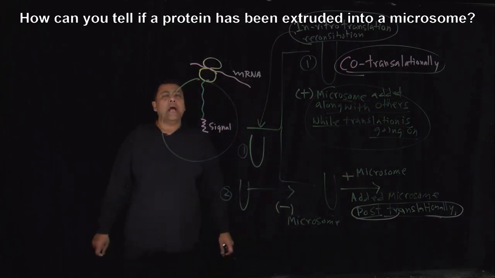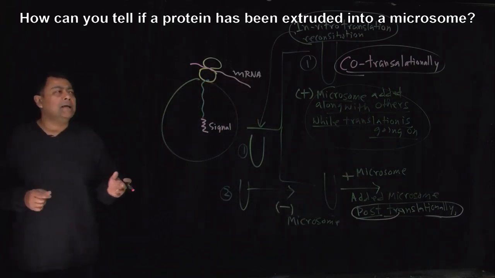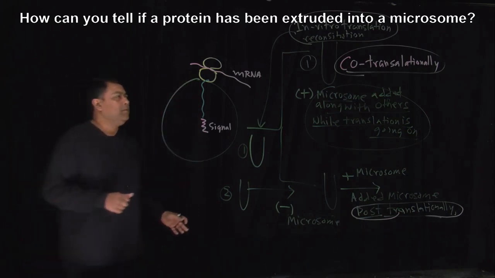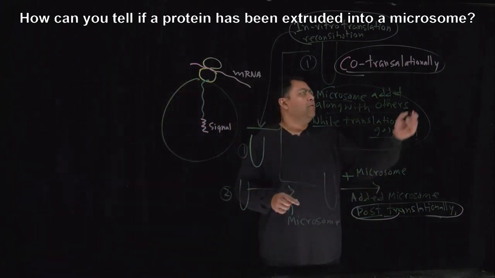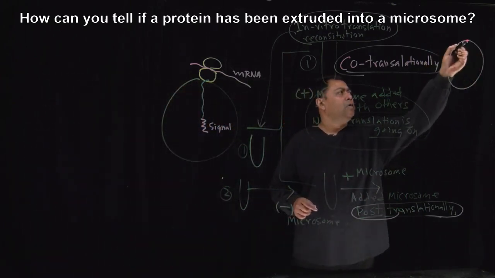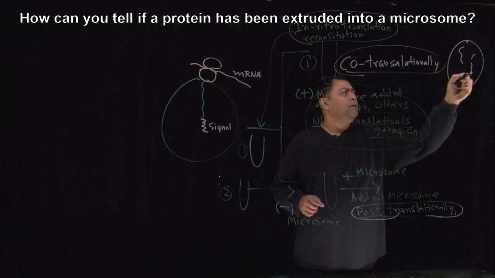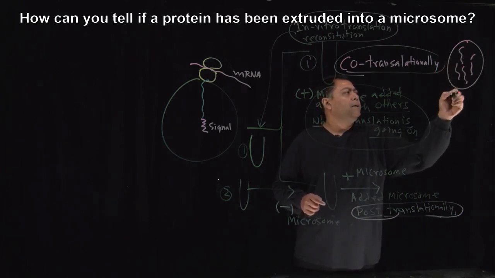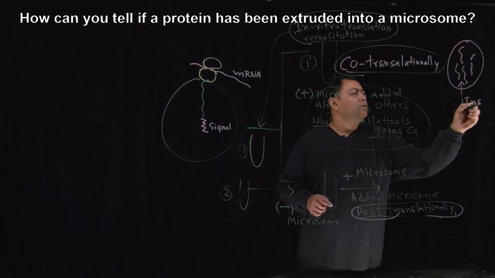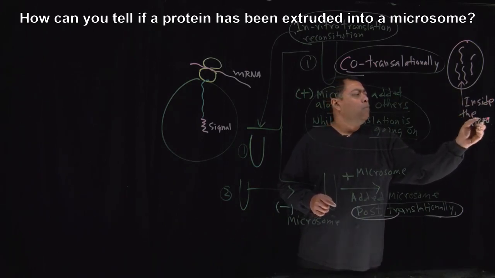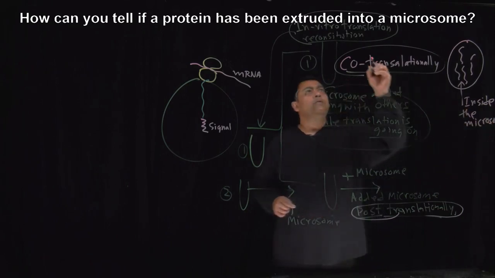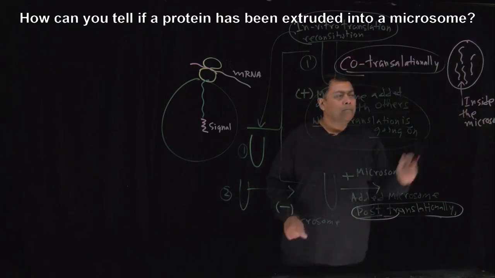So how will the picture look if you do these two experiments right here? What was found is that right here is the microsome, and all the proteins are present inside the microsome when the microsomes were added co-translationally.